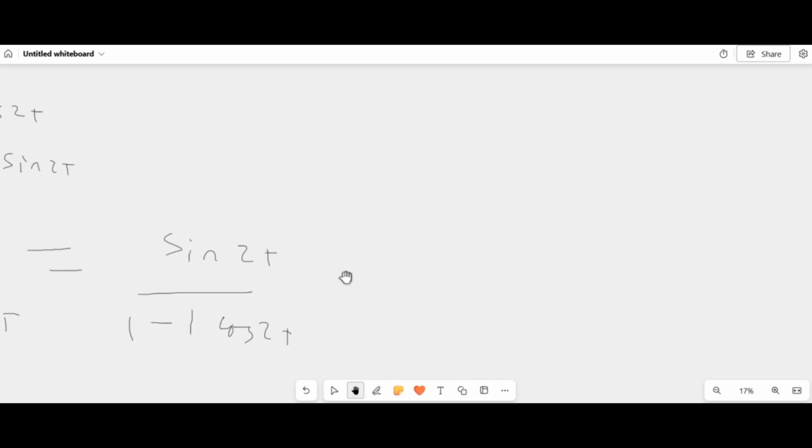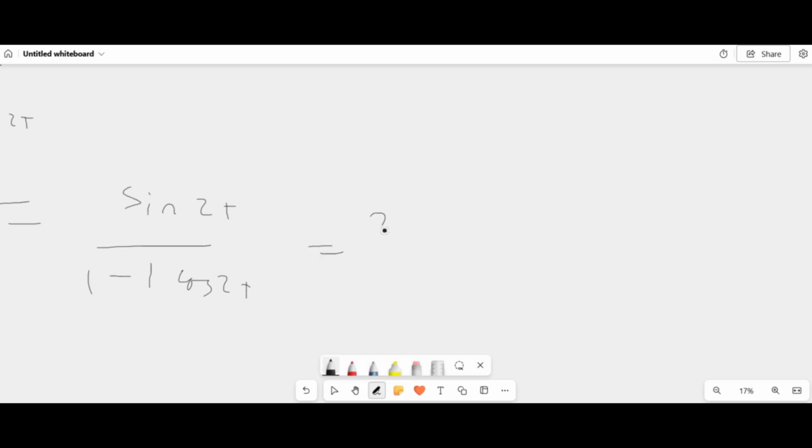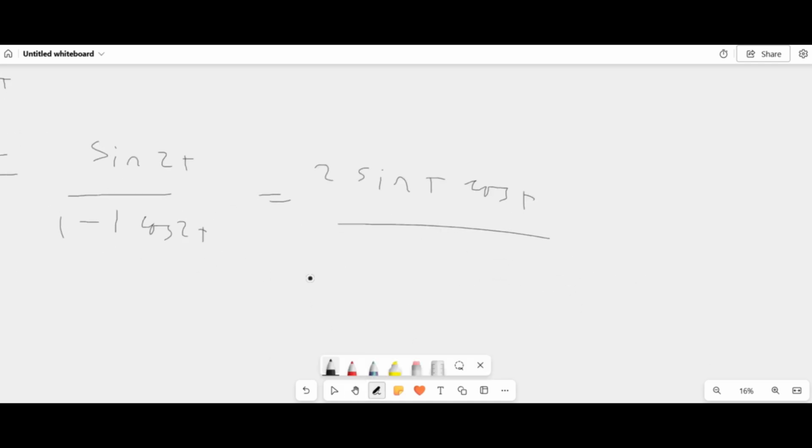And obviously sine 2t, if you use the double angle formula, that's going to be 2 sine t cos t. And again, double angle formula for cos 2t, you want it to cancel with sine here, yeah? So what I can do is I can write this as 1 minus 2 sine squared t. So that's what cos 2t is equal to, yeah?